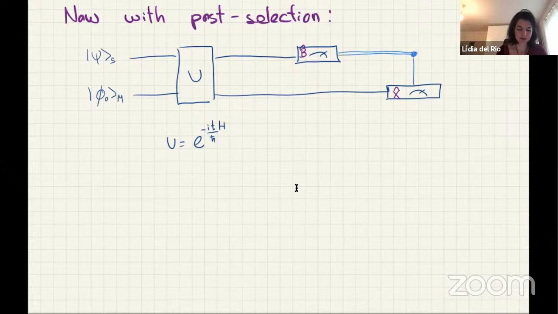So it means that we look at all the outcomes of this measurement here, and after doing everything, we only select the rounds in which we got the outcome that we wanted. Okay.